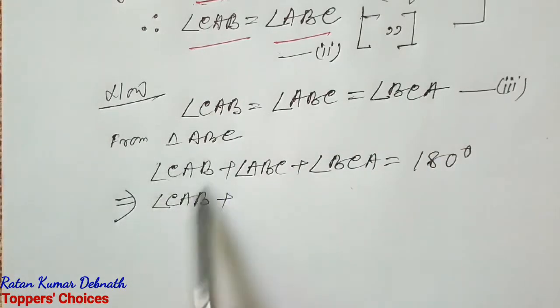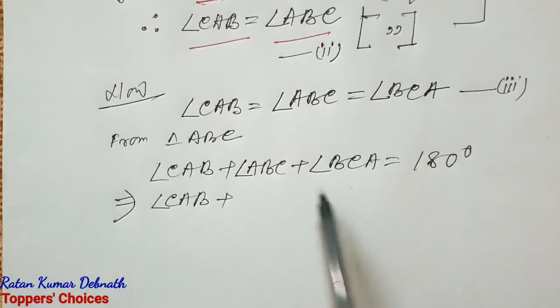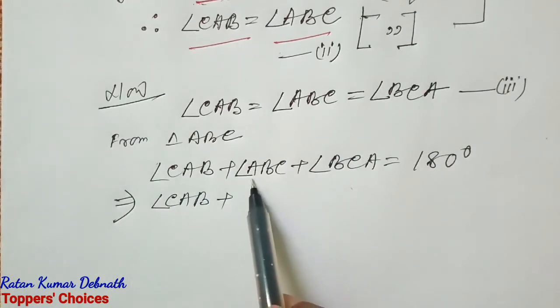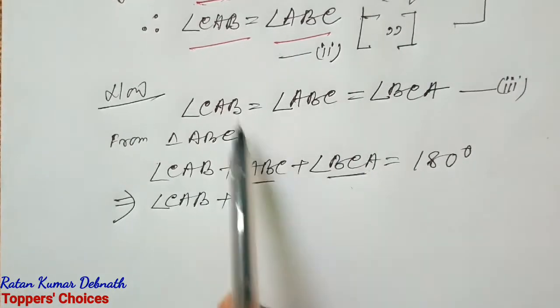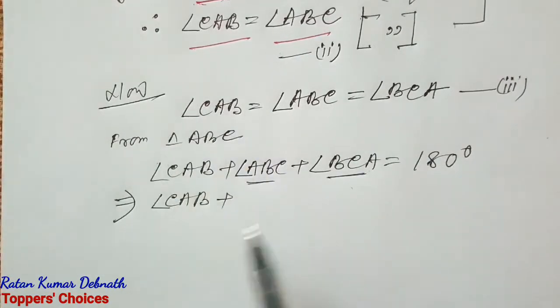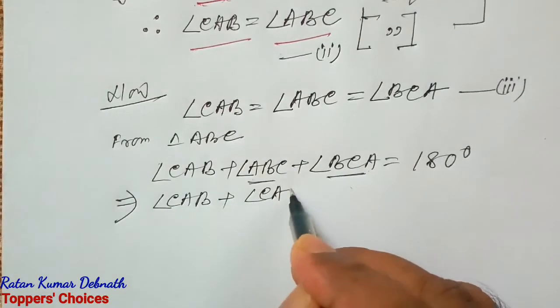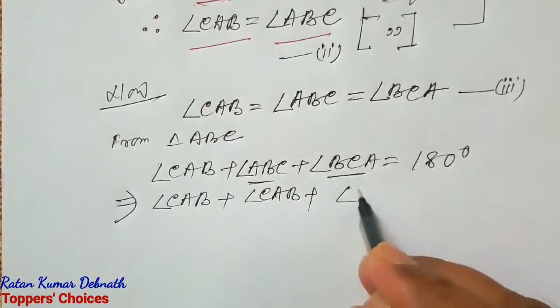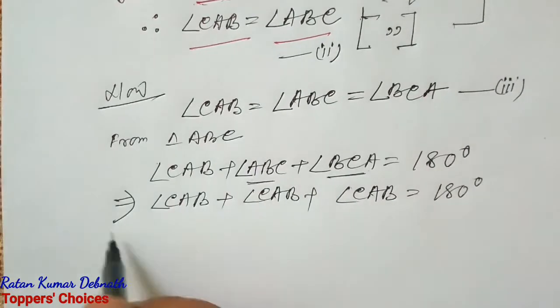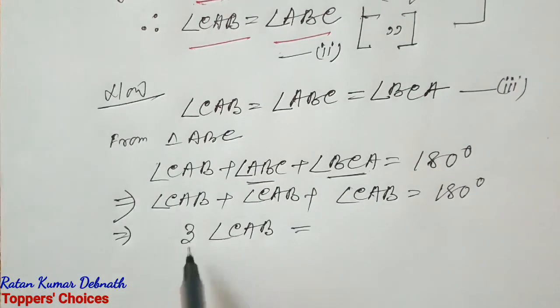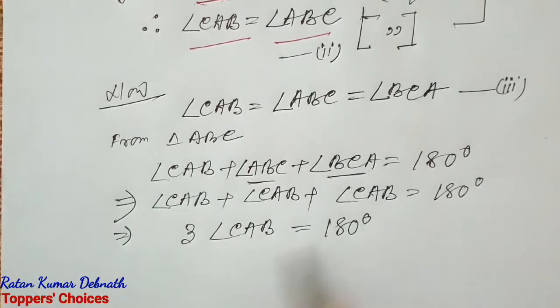So I am keeping the first angle fixed and replacing the second two angles by the first angle: CAB plus CAB plus CAB equals to 180 degree, which implies 3 CAB equals to 180 degree.